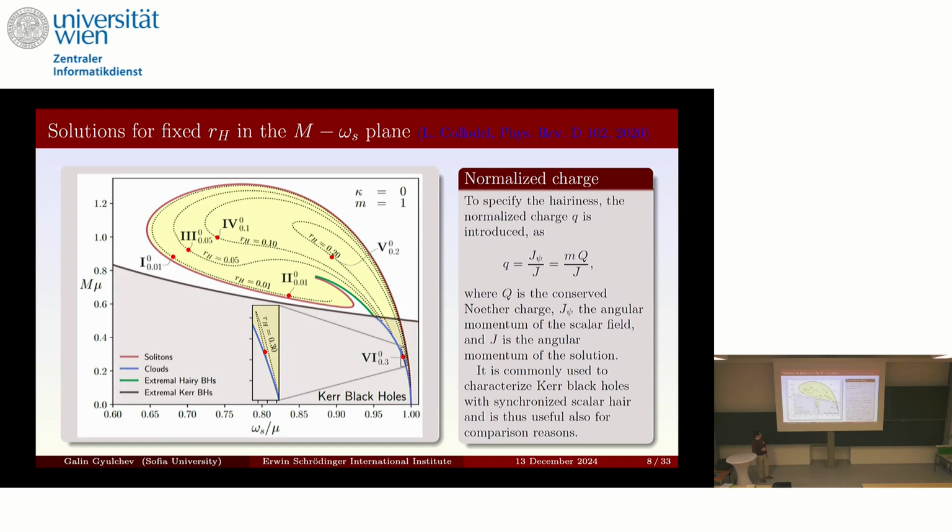Here in this plot, we can see in general two different situations. For example, the red curve represents the solitonic solutions, which are the boson star solutions, and the other situation which we are interested in is shown with yellow color, which gives us the opportunity to consider different black hole solutions possessing different horizons, and solutions which have different normalized charge.